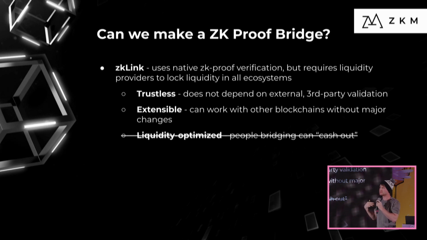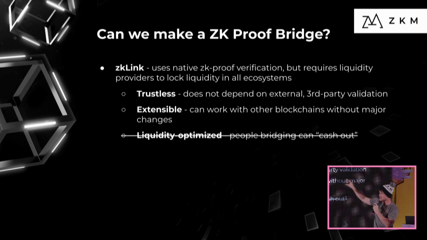But in order to facilitate a transfer from one network to the other, I need to deposit money or liquidity into that bridge. So it runs into the same problem as IBC does, where I need a lot of people to adopt liquidity across a lot of different types of bridges in order for me to actually reliably withdraw to that specific network.